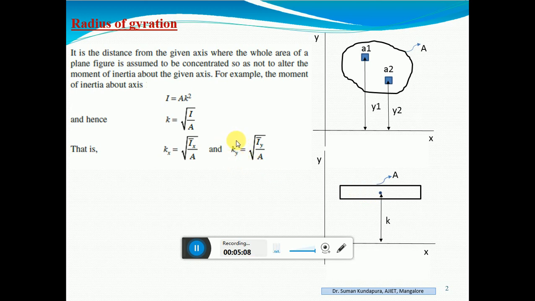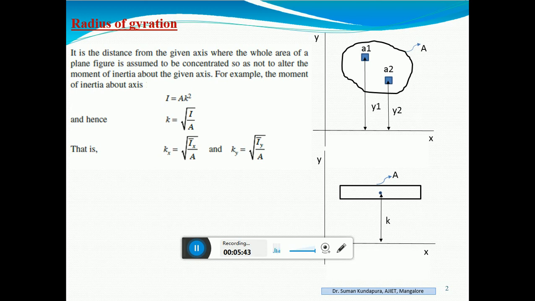So about which axis you are rotating, the distance with respect to that axis is nothing but the radius of gyration about it. When we calculate, amongst these two we may need to find which is the least radius of gyration in the problems. So we need to know how to calculate the radius of gyration.